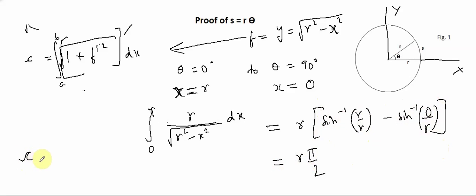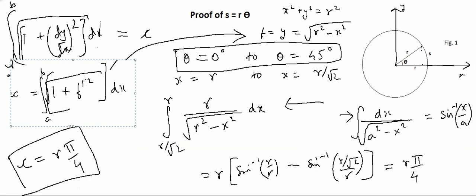So our arc length for the second case is r pi by 2, and our arc length for the first case was r pi by 4.